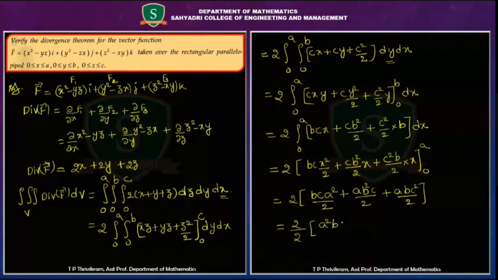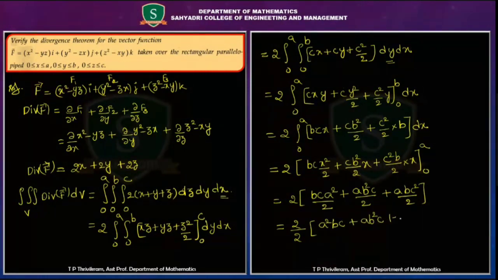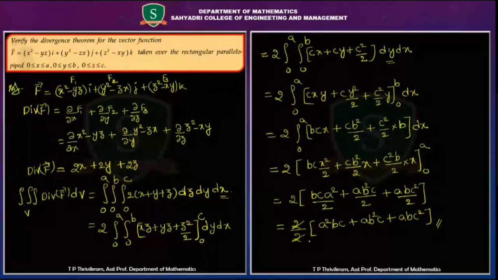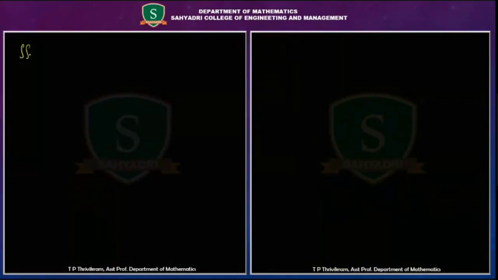A square bc plus a b square c plus a b c square. So 2 gets cancelled, this much will be the answer. Okay, so the value of triple integral of divergence f dv over the volume V is equal to a square bc plus a b square c plus a b c square.